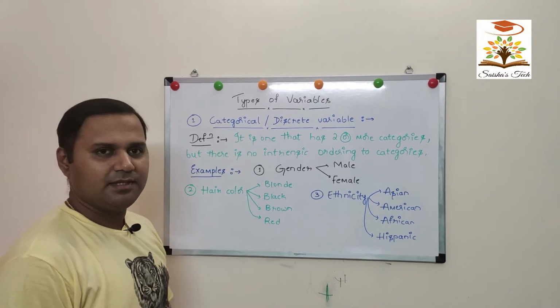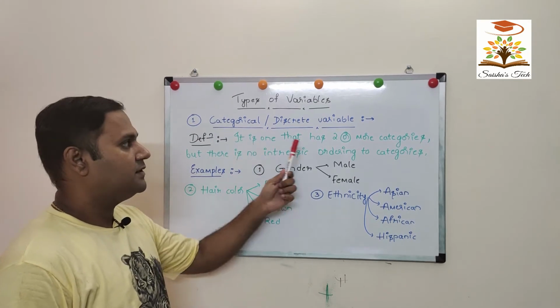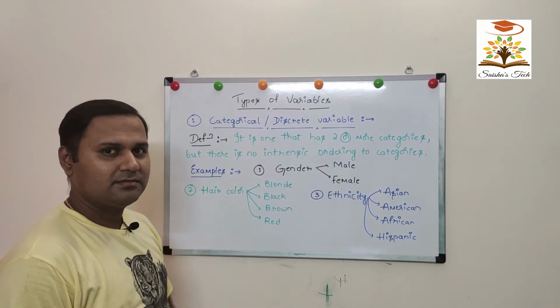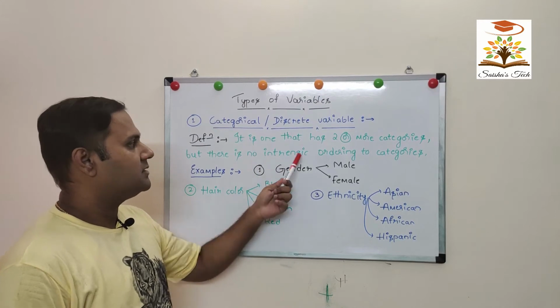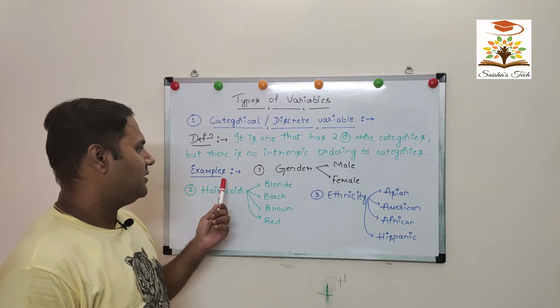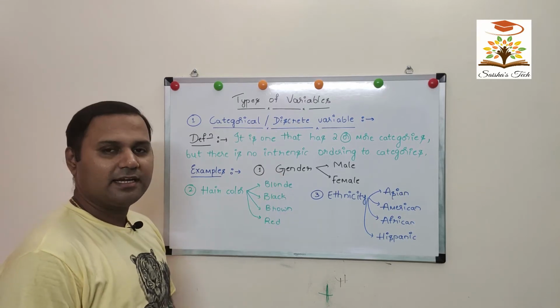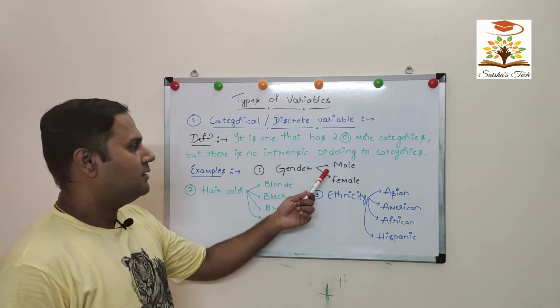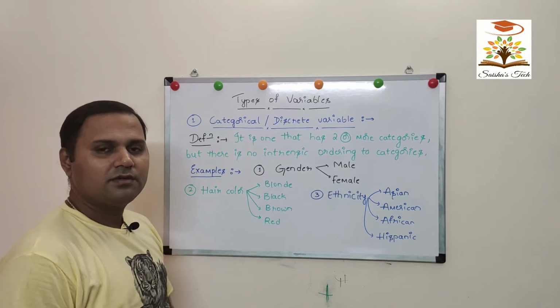Categorical or discrete variable. It is the one which has two or more categories without the intrinsic ordering of these categories. Example, if we consider gender as a categorical variable, then male and female are the categories of gender variable.